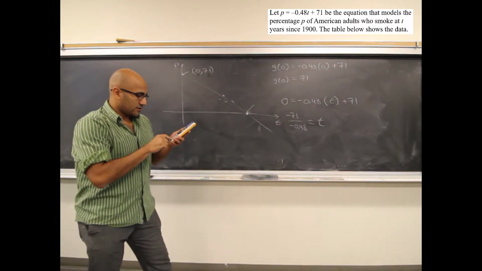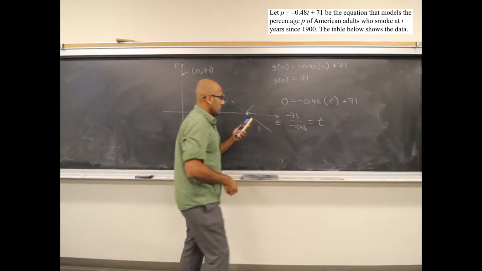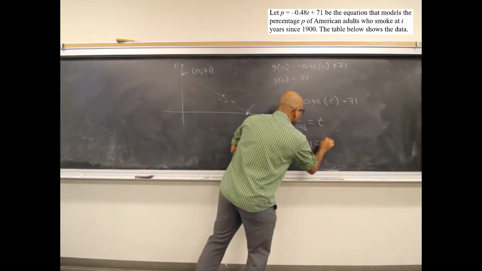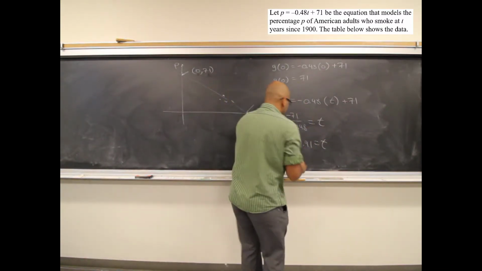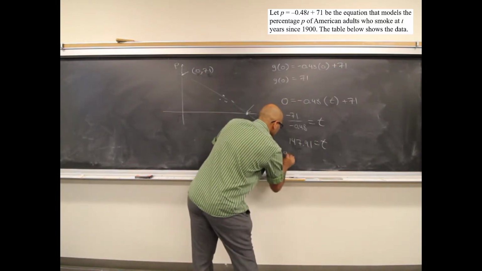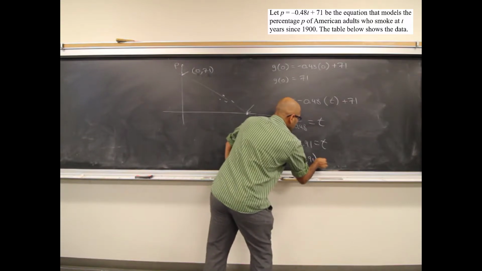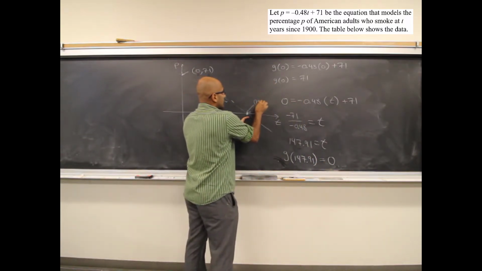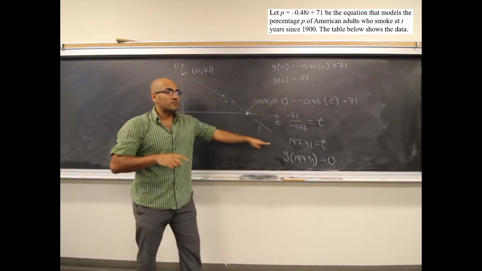And we get negative 71 divided by 0.48 gives me 147.91 equals t. Right, so this is the input value. We can rewrite it in function notation as g of 147.91 equals 0. Right, that's what this is. This is (147.91, 0).